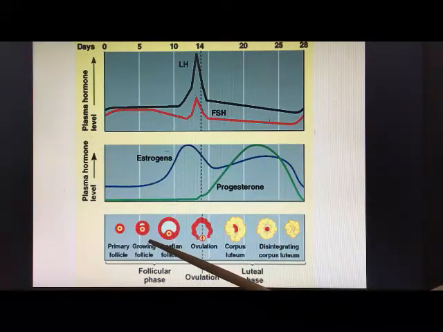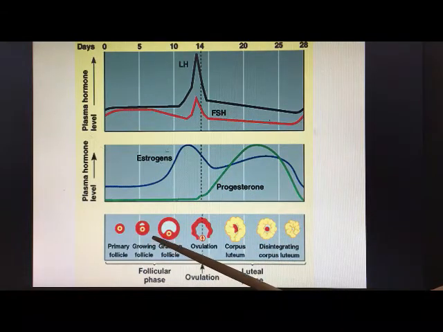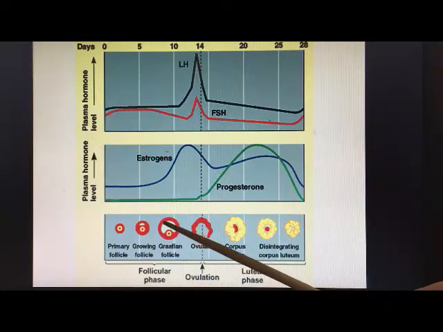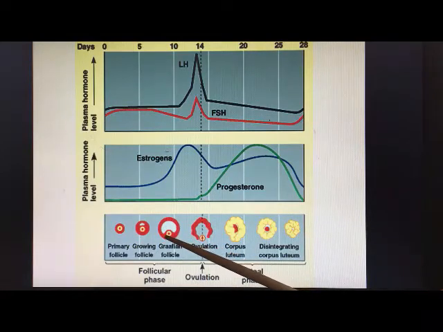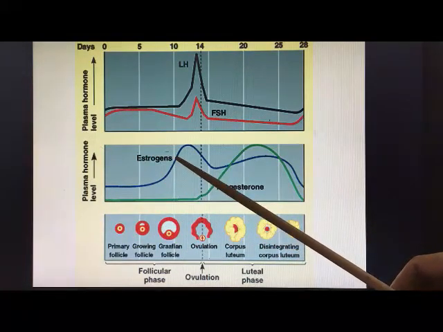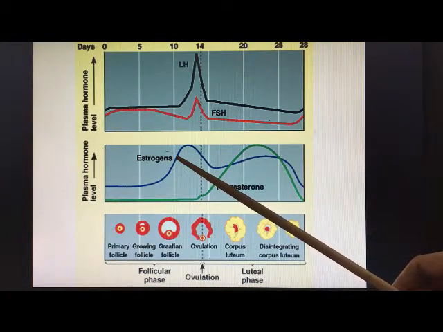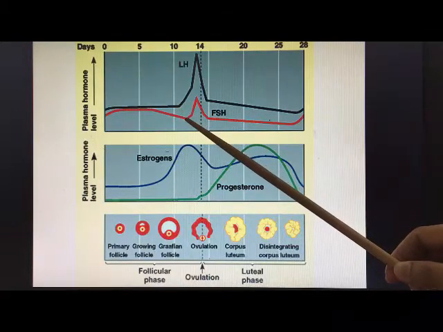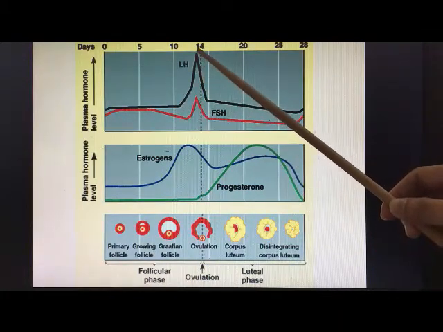So when the follicles keep on growing, they develop into Graafian follicles and more estrogen is released. At a high level of estrogen, it exerts a positive feedback on the anterior pituitary gland, which causes the level of LH and FSH to rise steeply.